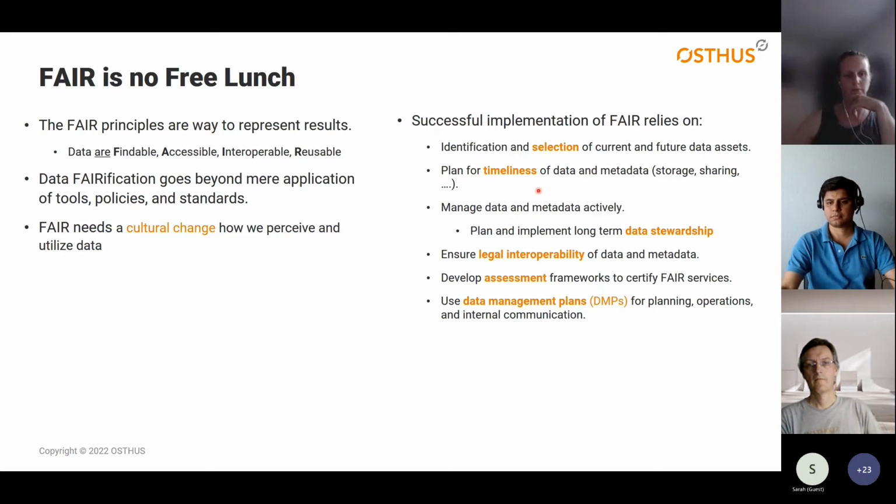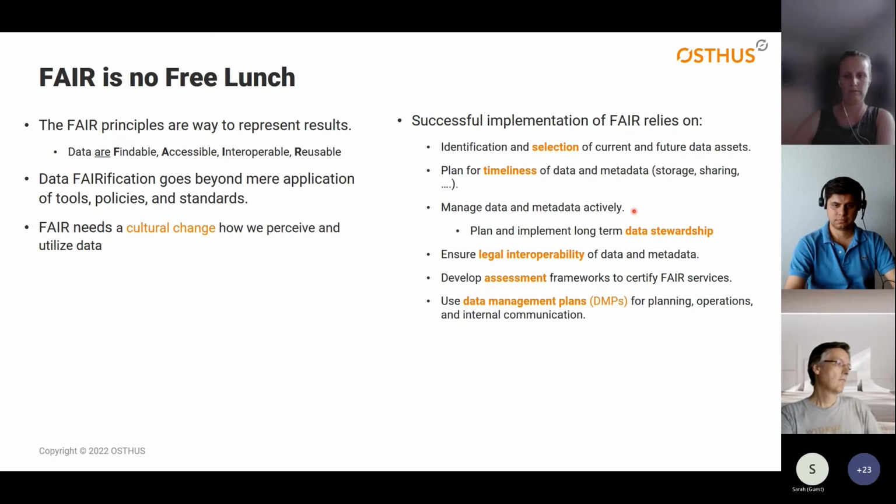And you have to start to manage not just your data, but also your metadata actively. Metadata could be something like, if you're handling genomes, the size of the genome, contig length, when it was produced, and so on.